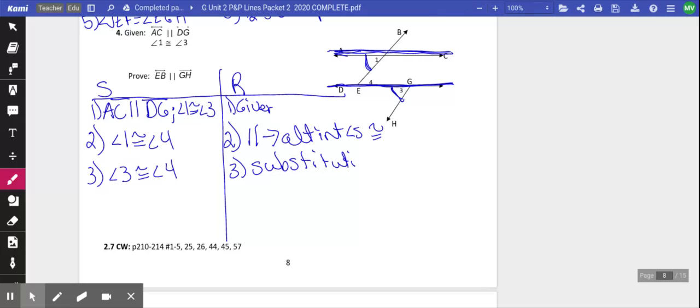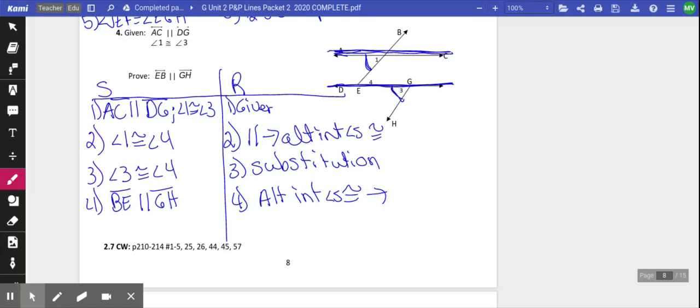And now if I know 3 is congruent to 4, I can say that BE is parallel to GH because alternate interior angles congruent implies parallel lines.